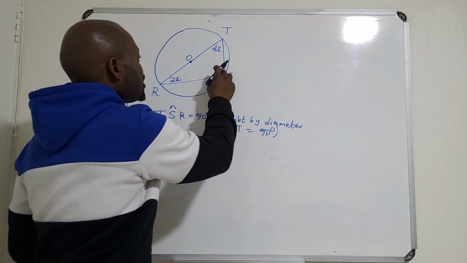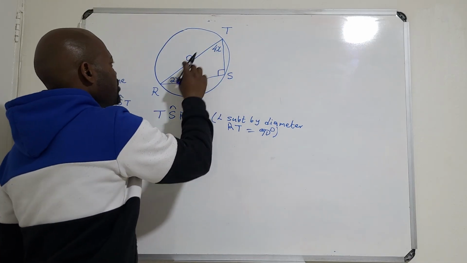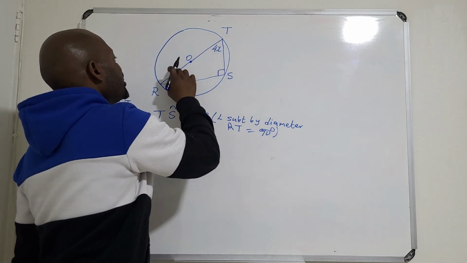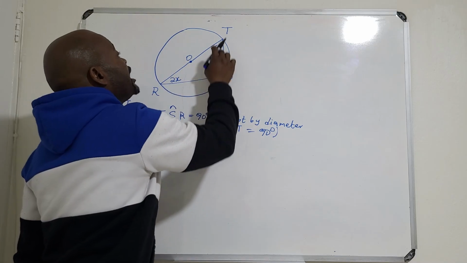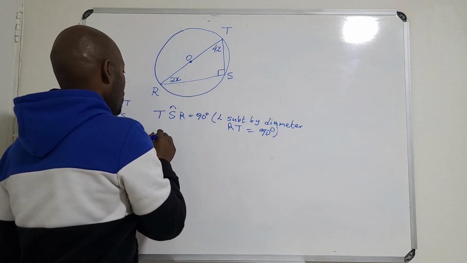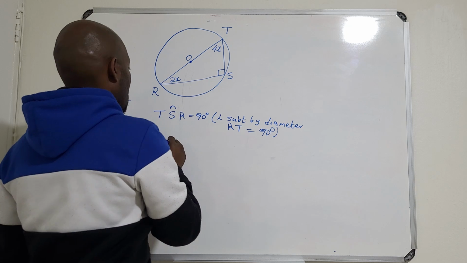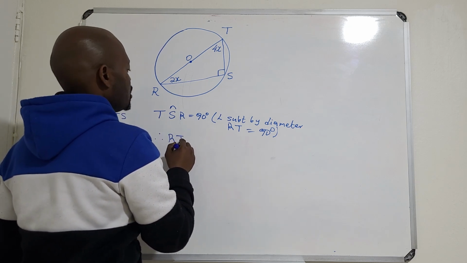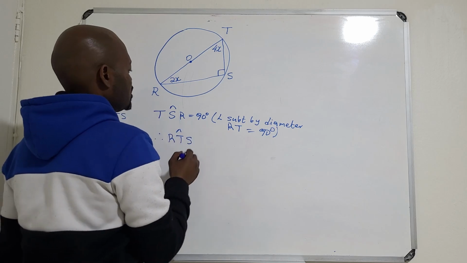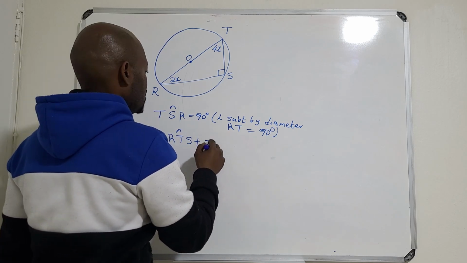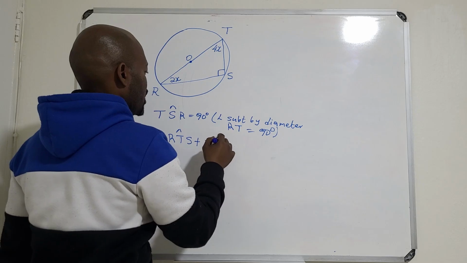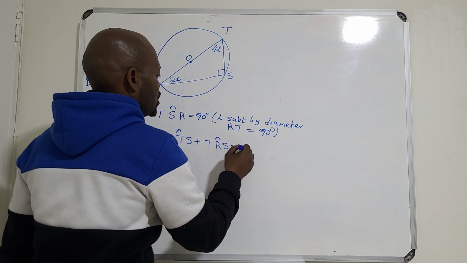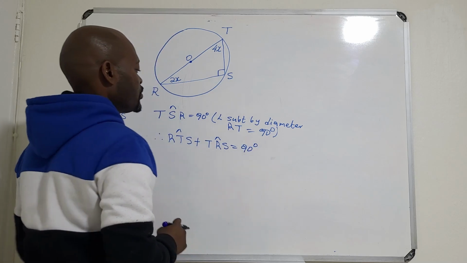If this is 90 degrees, it means that this plus that must be equal to 90 for the sum of these angles to be 180 degrees. Therefore, angle RTS plus angle TRS is equal to 90 degrees.